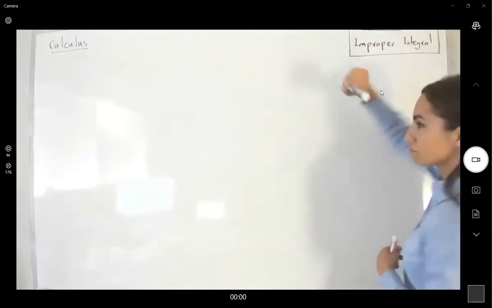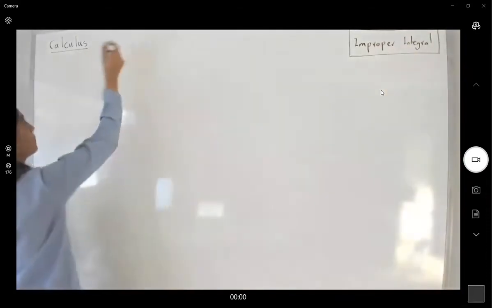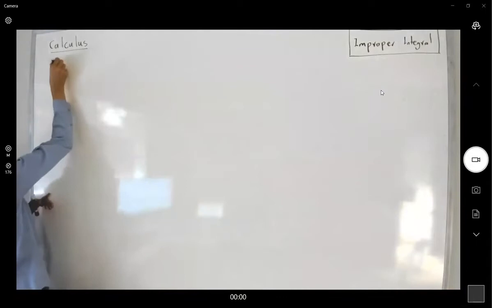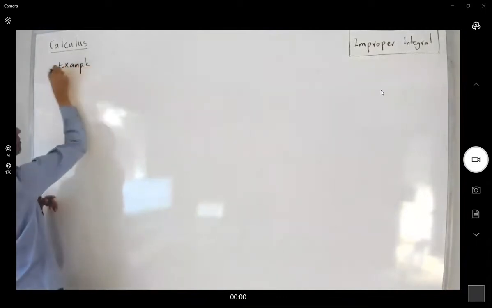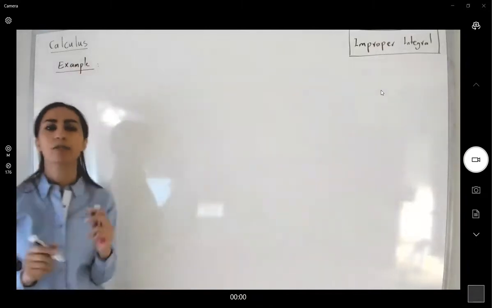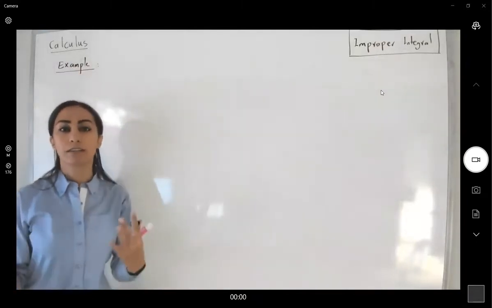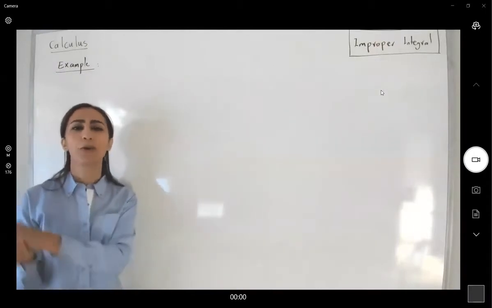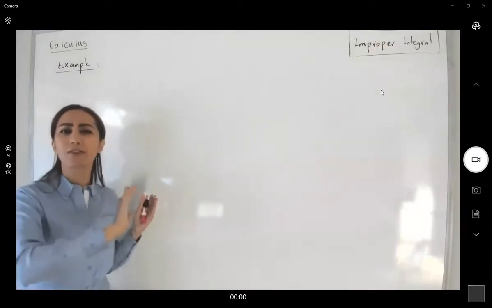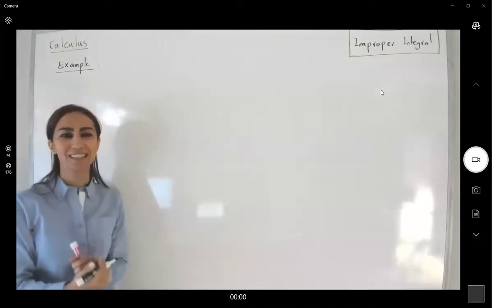Very well. Here's a question for you. Suppose I ask you to find the area below the function 1 over x squared on the right-hand side of x equals 1.